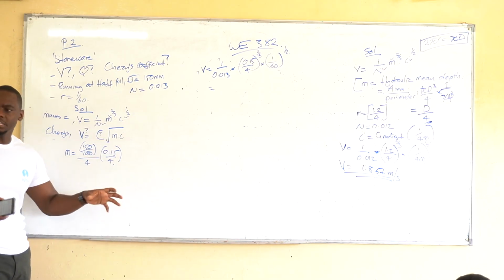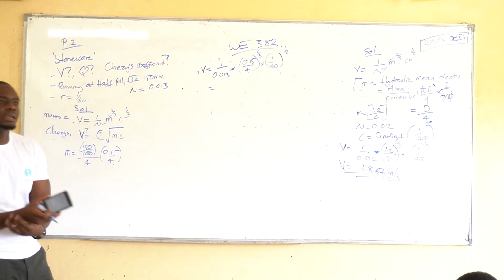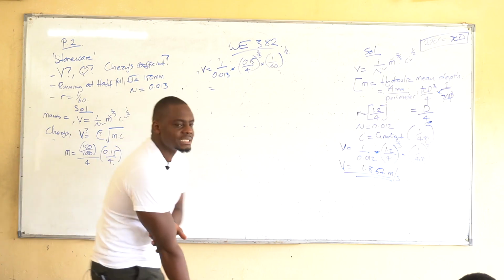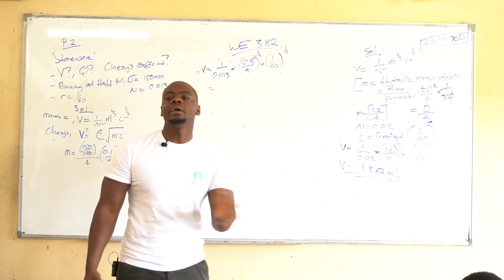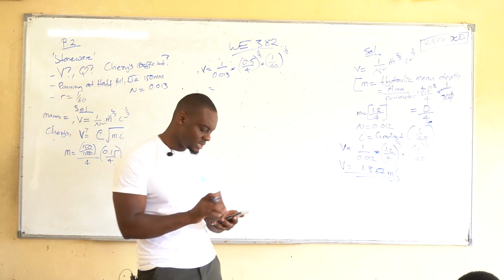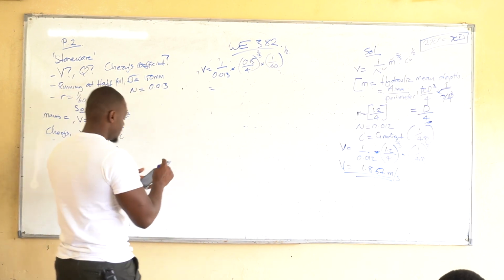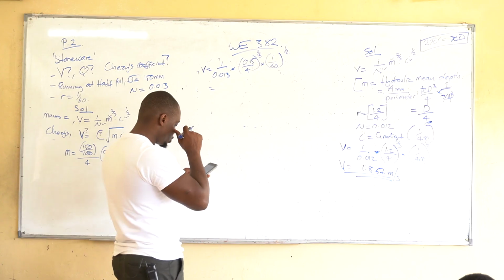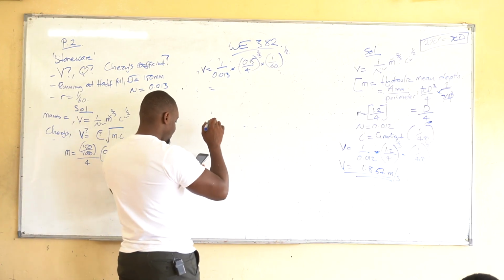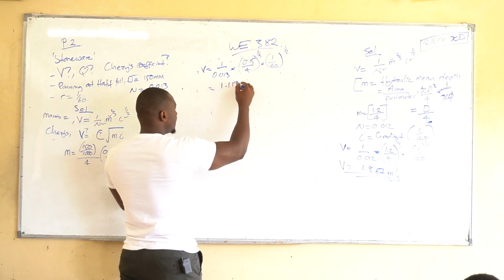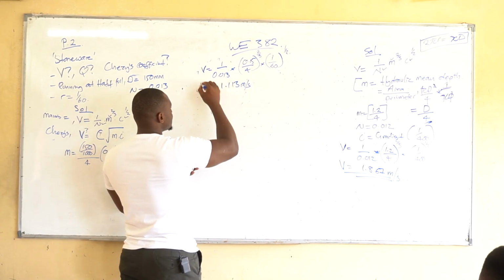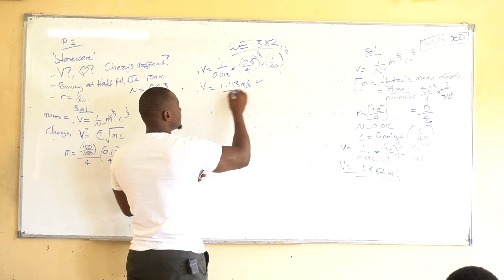But notice the units, because at the end of the day, your velocity is in meters per second. So you can't get to meters if you have been working in millimeters. So if your math is okay here, you should have a velocity of 1.113 meters per second. So that's your velocity.